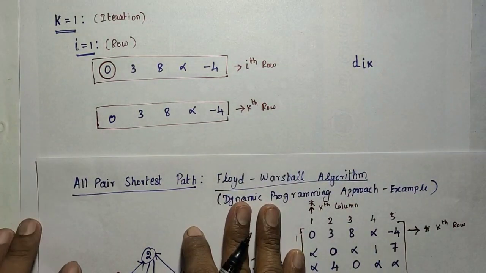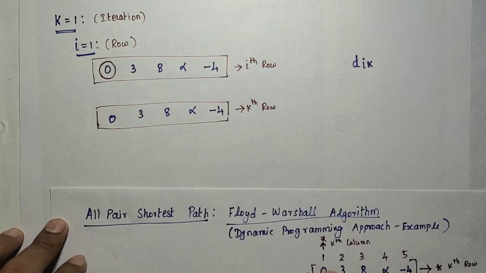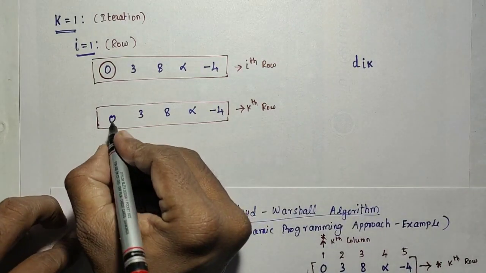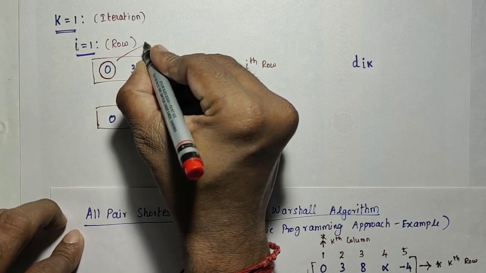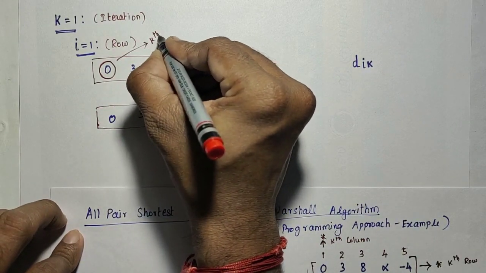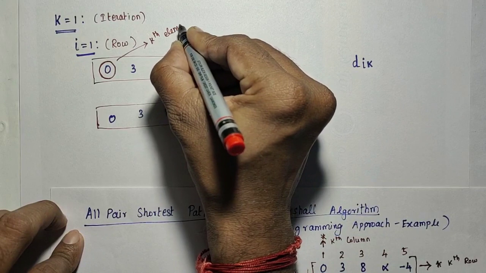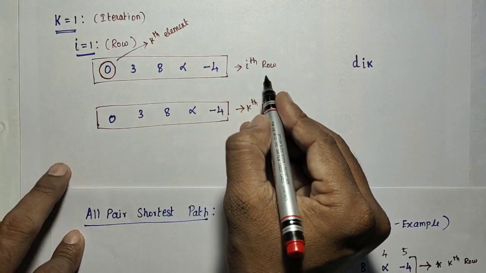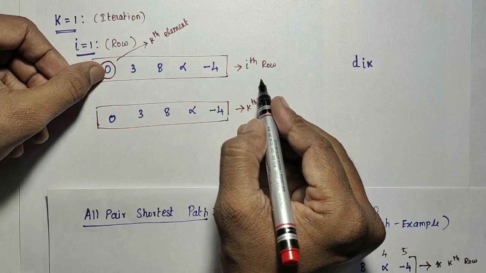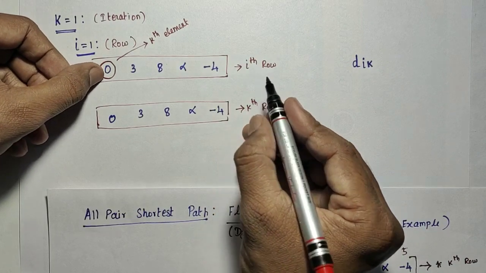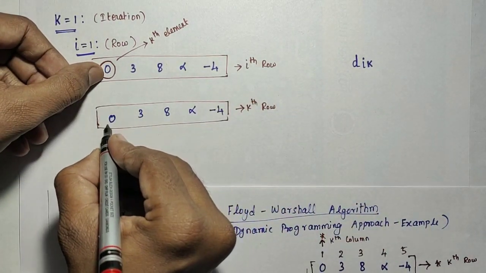So now what we need to do is, the kth row elements are there, and here we have selected the kth element from the ith row. We need to add this kth element from the ith row with each element in the kth row.